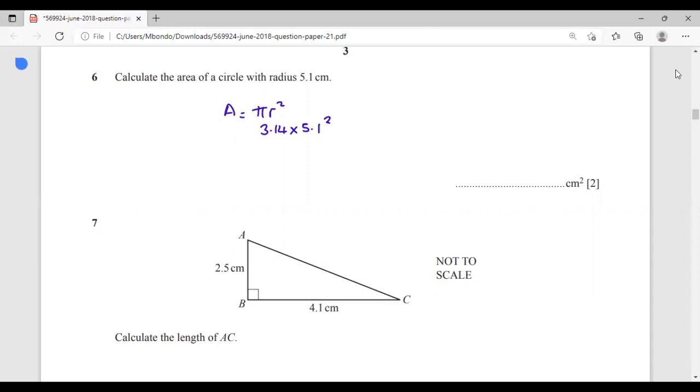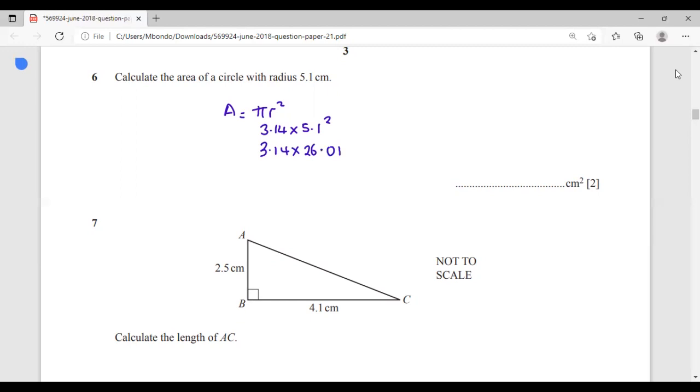What do we get there? Let's work that one out. You can first of all work this part if you like, 5.1 squared. Then 3.14 multiplied by, when you multiply 5.1 squared, what do you get? You're going to get 26.01.